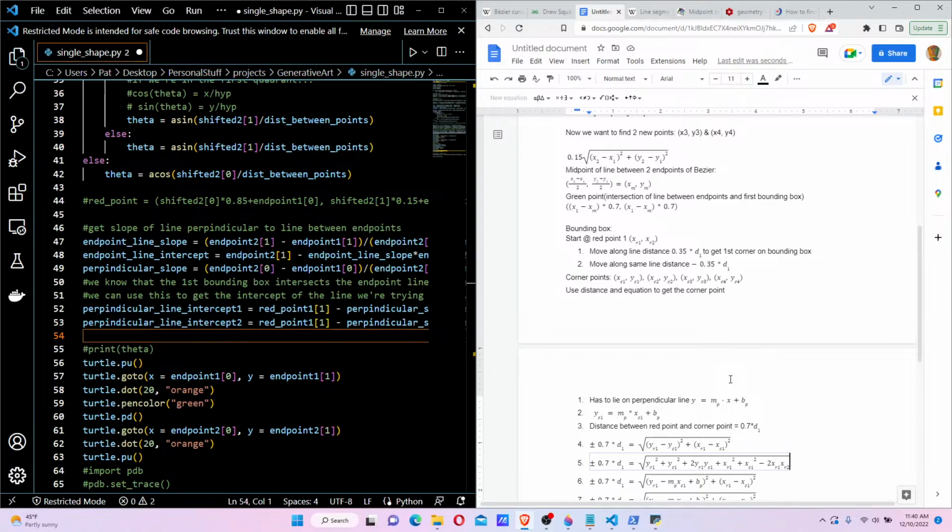So if we square each side, 0.49 times d1 squared is equal to actually just this whole inside thing.